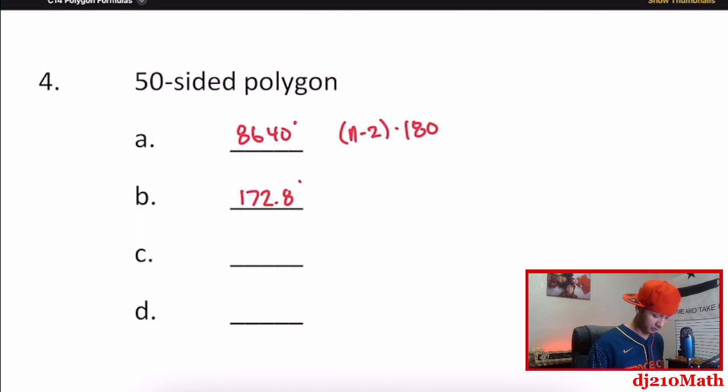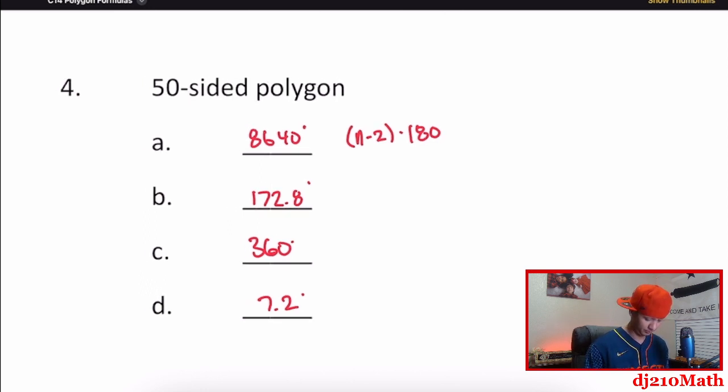Sum of the exterior, always 360. And each exterior angle will be 360 divided by 50, which is 7.2 degrees. That last one is just 360 divided by n.